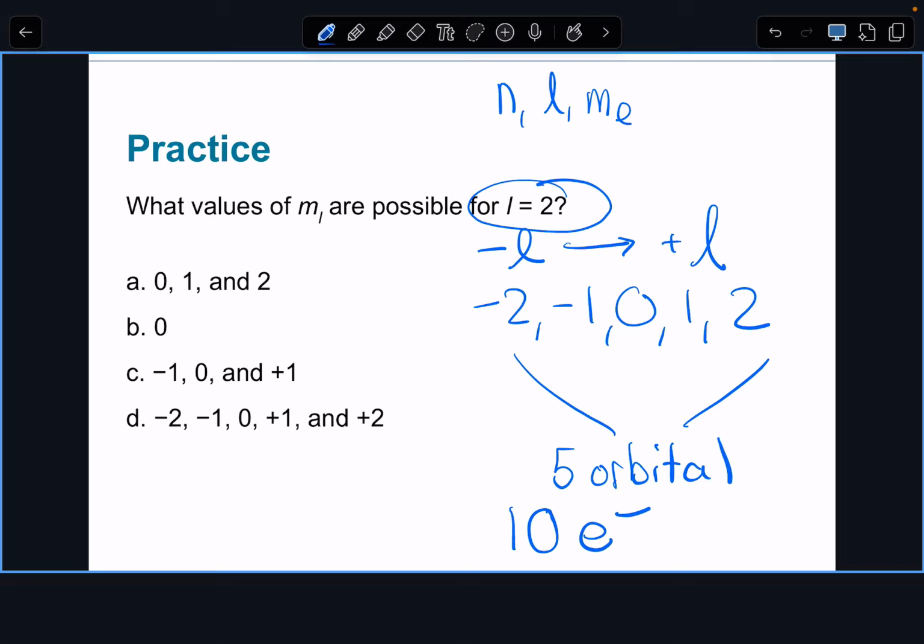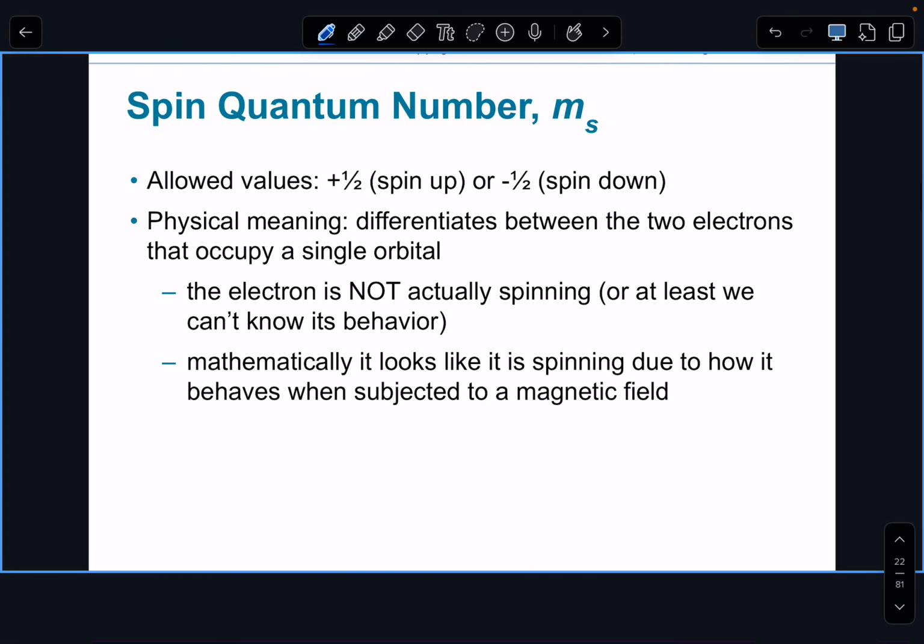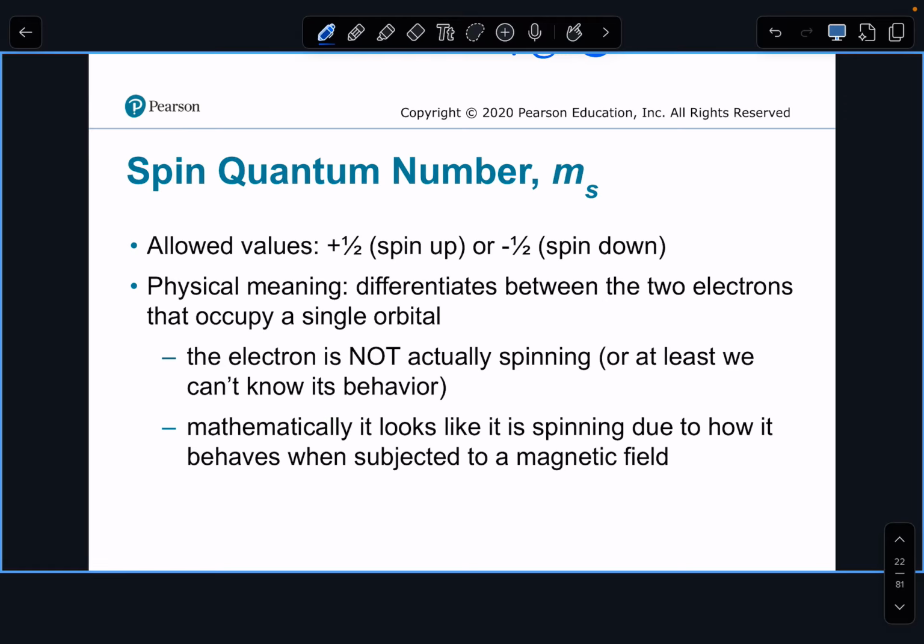Okay, the last quantum number is M sub S. And this one doesn't have anything to do with the orbital itself. It has to do with the electrons in the orbital. So every electron now is going to have a unique set of 4 quantum numbers.